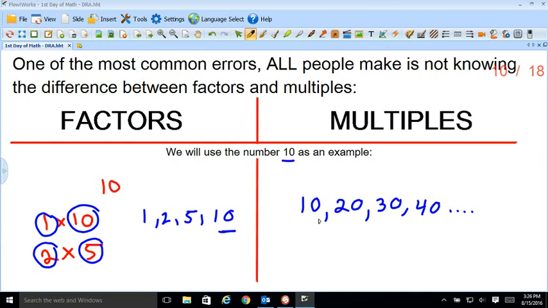The smallest multiple of any number is actually the number itself, and all the other multiples of that number are higher than the original number. Whereas all factors are less than or equal to the number itself, and the number itself is the largest factor of any single number. That is the difference between factors and multiples.